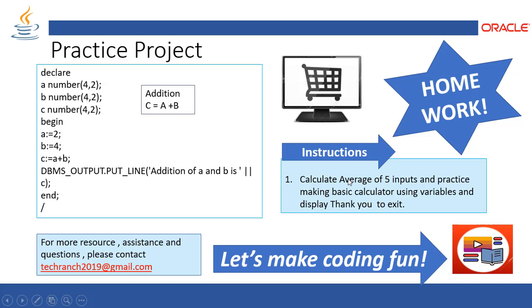All you have to do is calculate the average of 5 inputs and practice making a basic calculator using variables, and display thank you to exit. Declare the variables, initialize with some numbers, and provide the calculation and printing in the calculator. This will give you a little hands-on experience to understand how we can write a program in PL SQL.